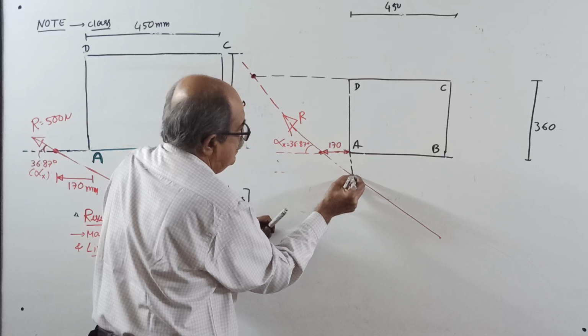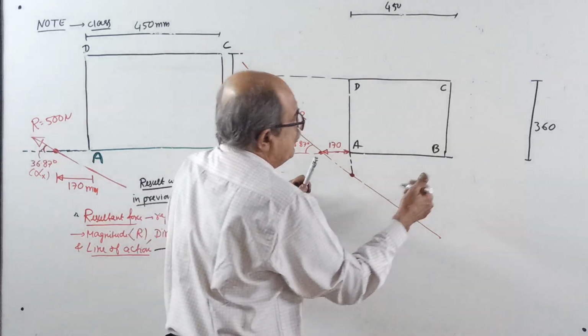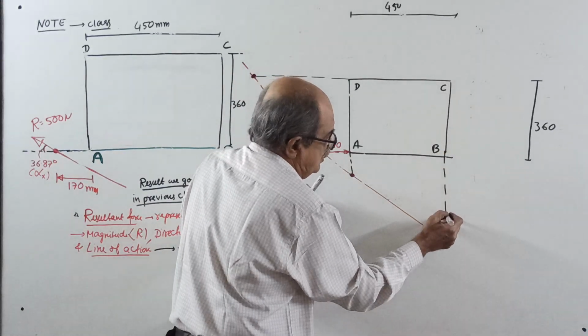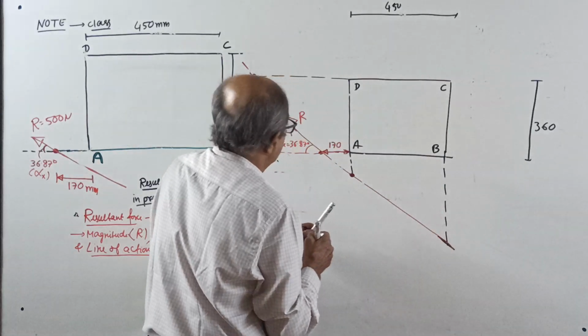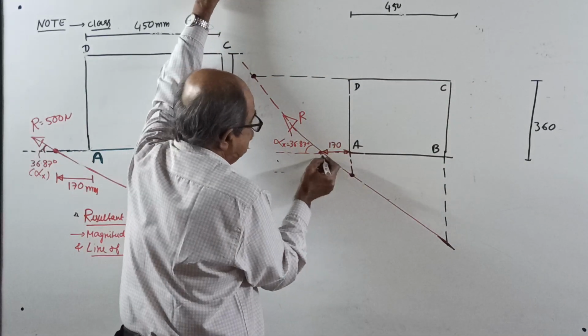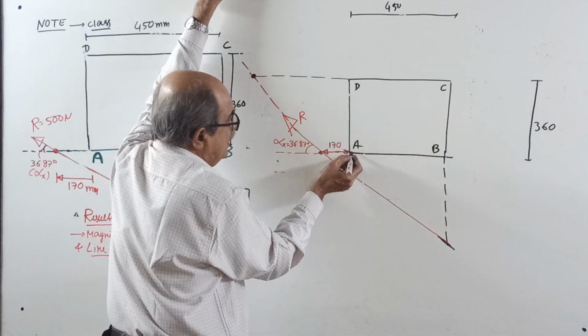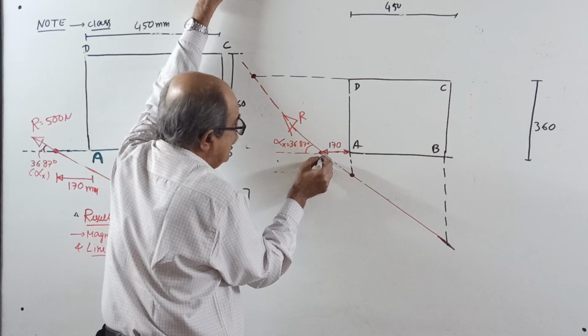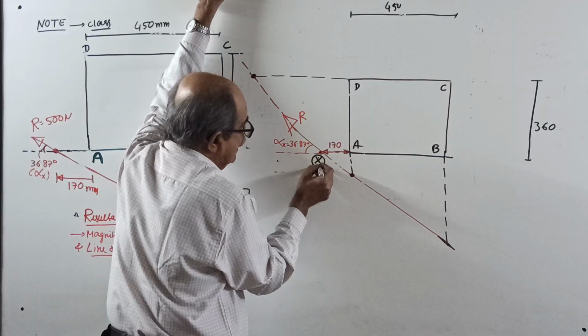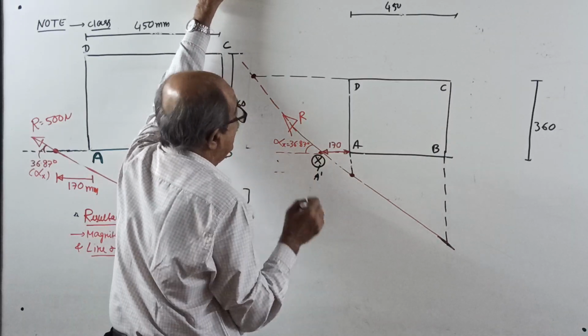Now I will do one thing. Some names I will give today. Remember, this is not your engineering mechanics now, it is pure mathematics, so some names are required. This point I last time called X, correct? Now I will call it A dash.